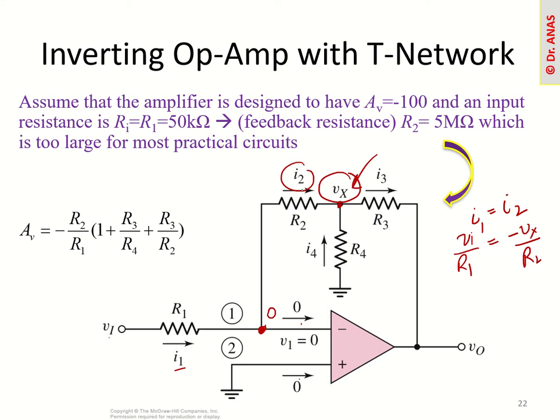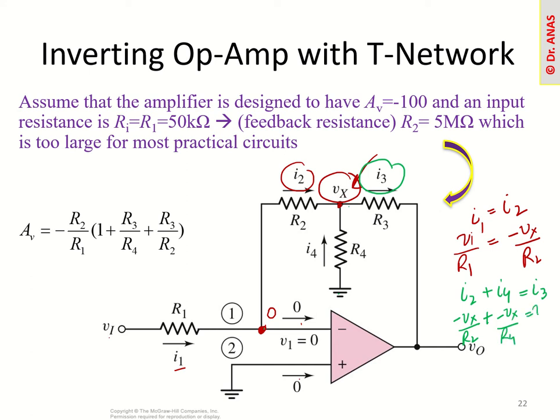If you look at this circuit, the currents I2 plus I4, which are the incoming currents, will be equal to the outgoing current I3. So I2 will be 0 minus Vx divided by R2, and I4 will be 0 minus Vx divided by R4, and this is equal to I3.